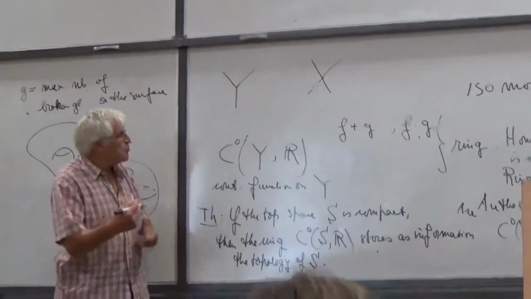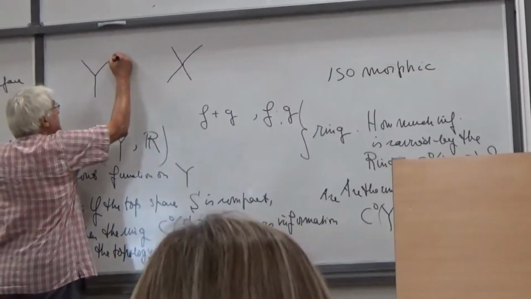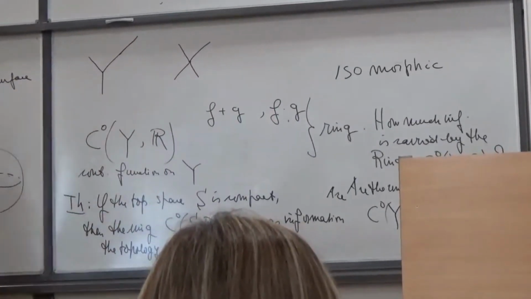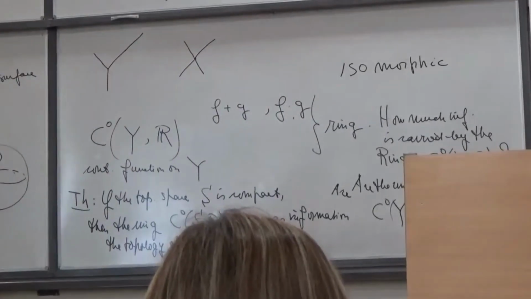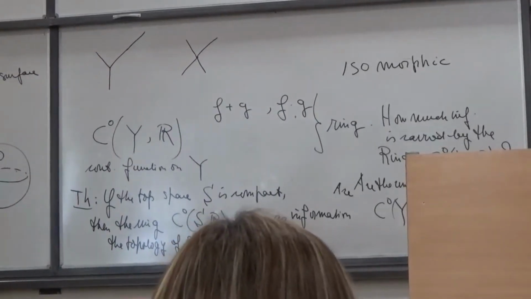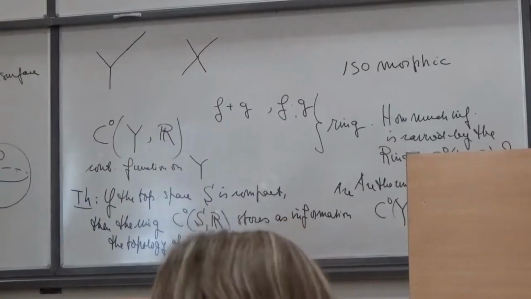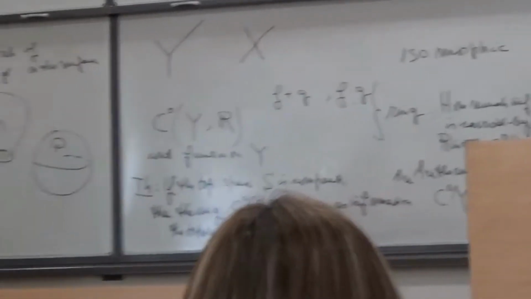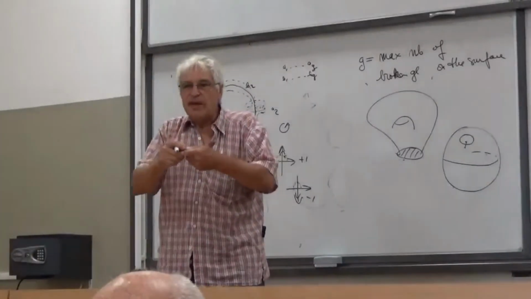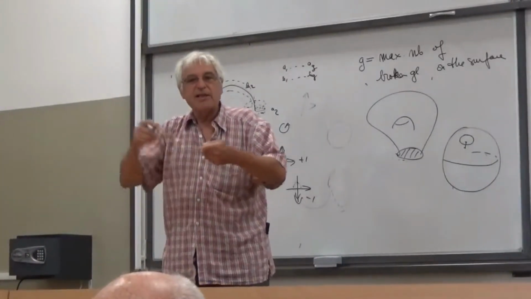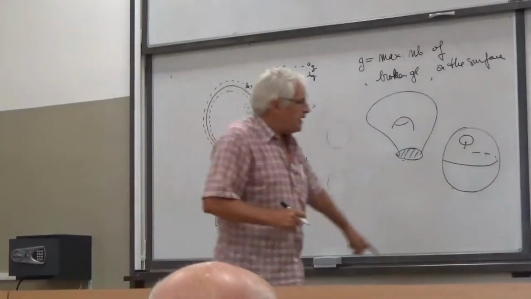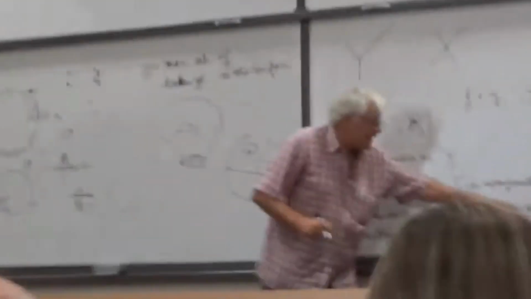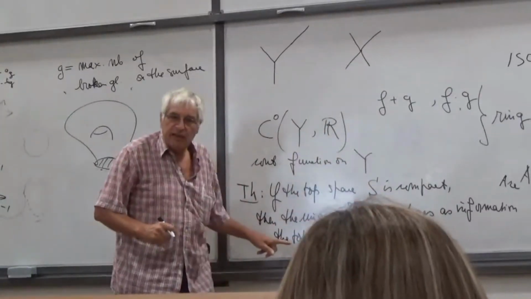I say it with those words, if I make this leg longer, which refers to the fact that we would have a metric. If I do not have a metric, if I have a topology, I cannot say how long those legs are. But if I have a metric, then I can say how long they are. Here I say the ring stores the information of the topology and not the metric.